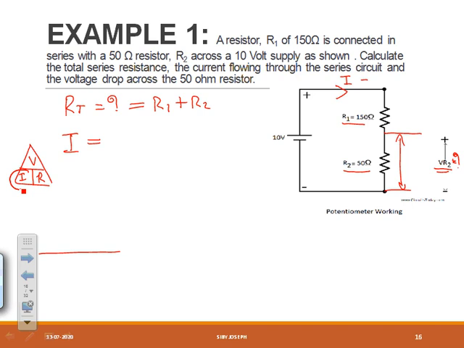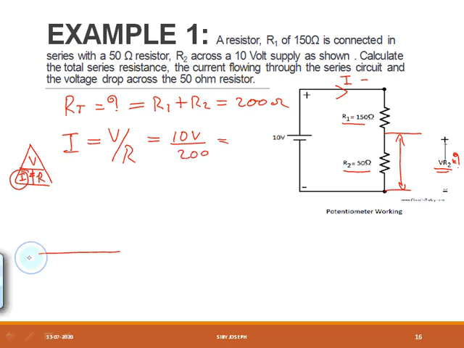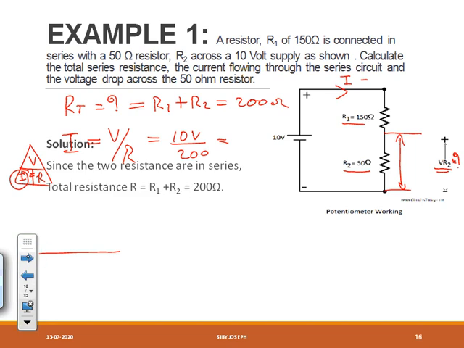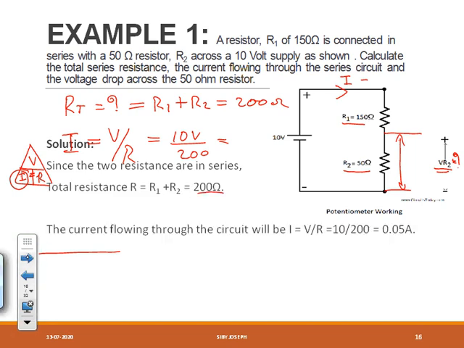Here we want to find I, so I is equal to V by R. V is equal to 10 volt, divided by R, the total resistance, which is 200 ohm. So the total resistance is equal to 200 ohm, and current I is equal to 10 divided by 200, which is 0.05 ampere.